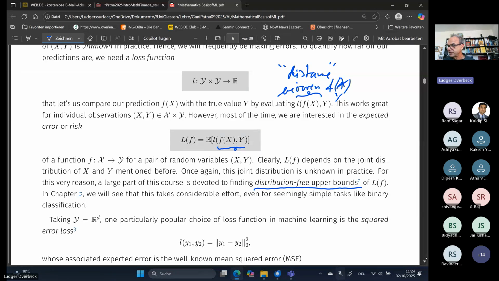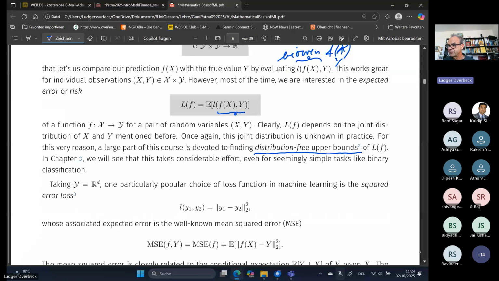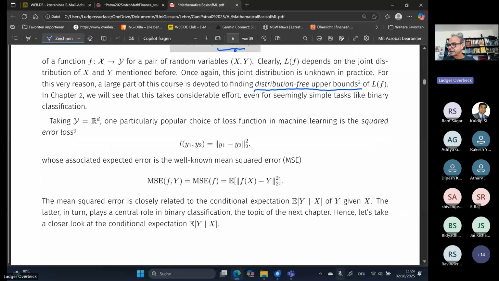A typical distance choice, of course, is the L2. That's the mean square error, which appears everywhere in statistics, which is well known. And of course, you also know that this is related to conditional expectation.